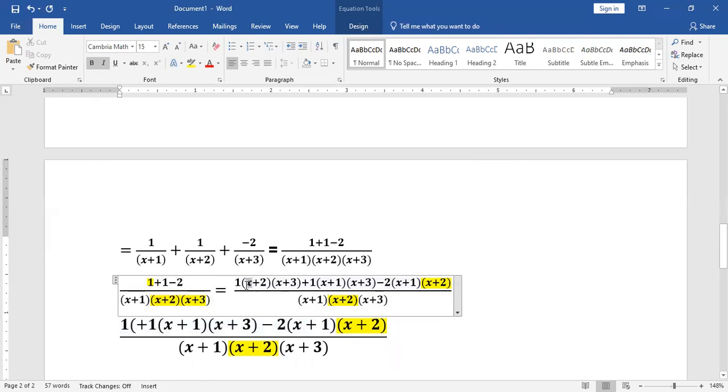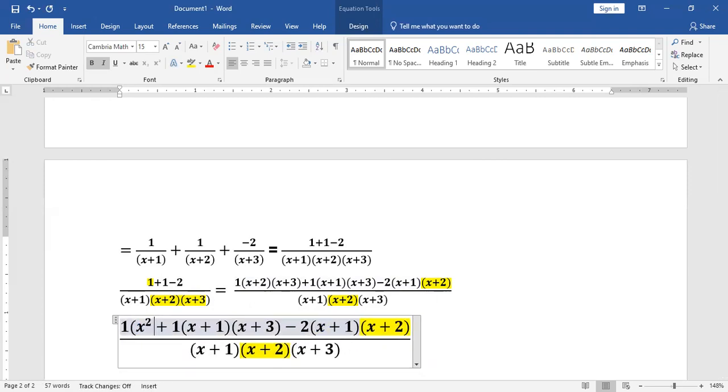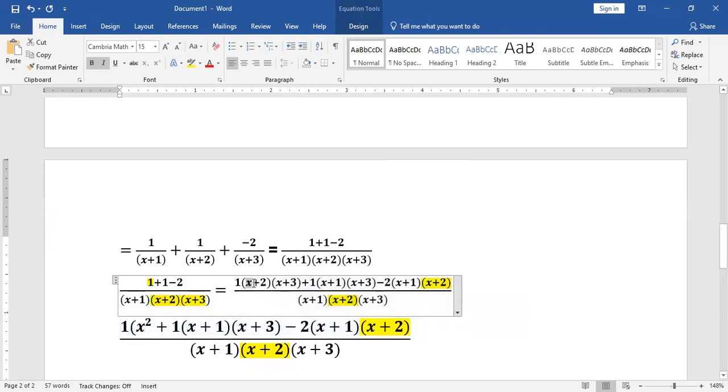X in here multiplied by the x in there will give us x squared. So now I'm expanding. Then x in here multiplied by 3, I'm sure you know how to do those ones, will give us plus 3x.